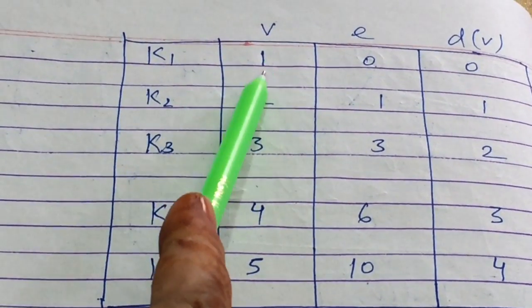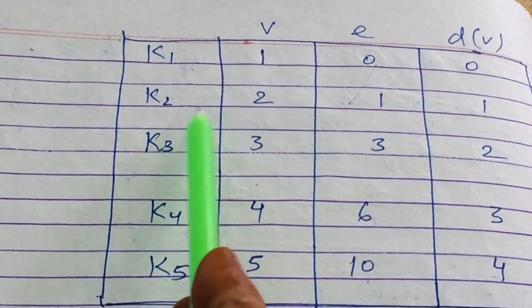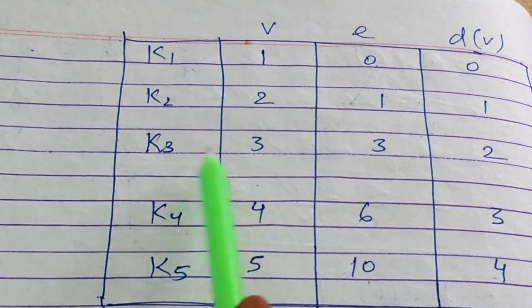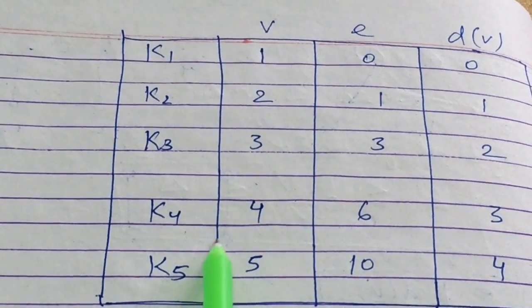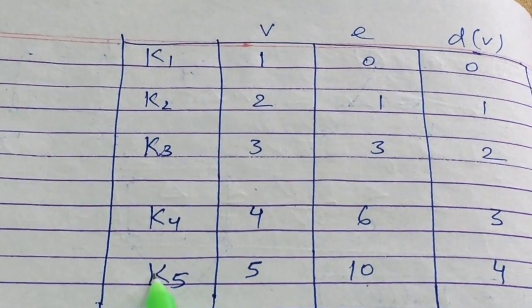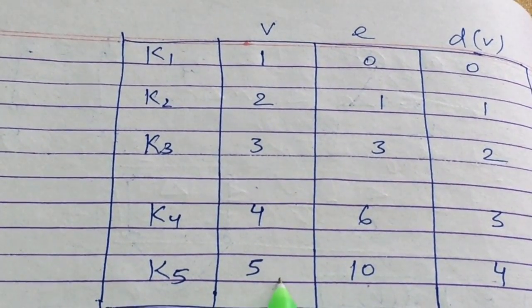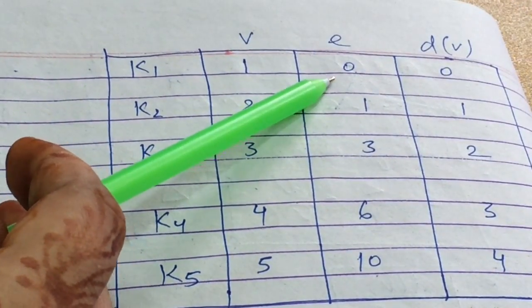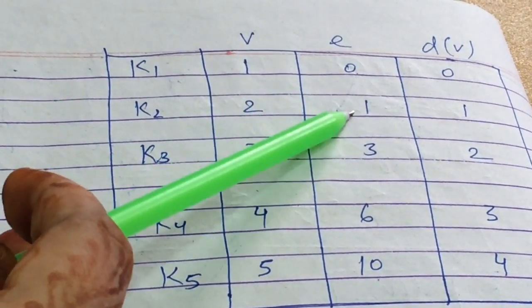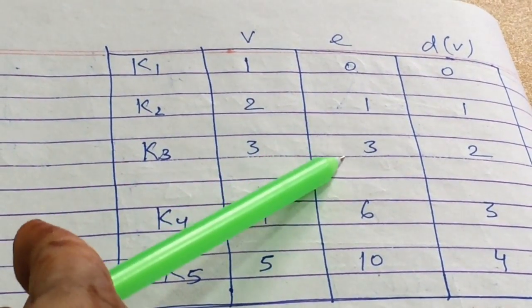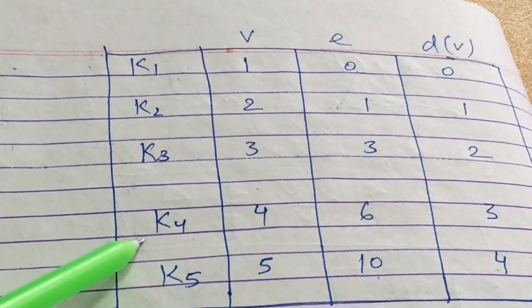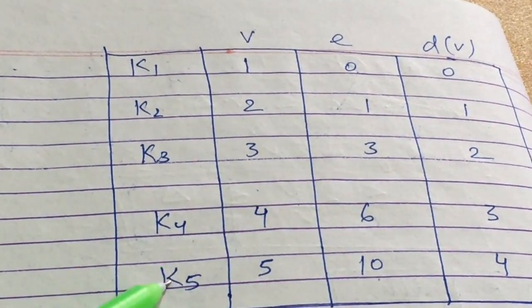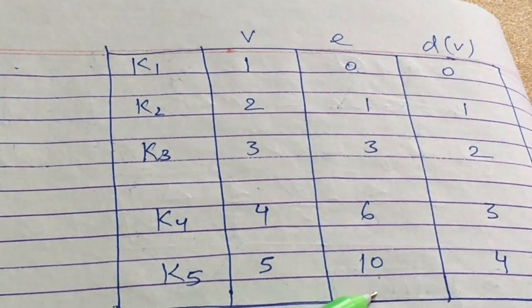In K1 the number of vertices is 1, in K2 it is 2, in K3 it is 3, in K4 it is 4, in K5 it is 5. Number of edges in K1 is 0, in K2 is 1, in K3 is 3, in K4 is 6, in K5 is 10.